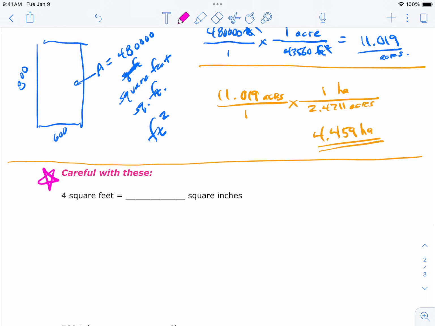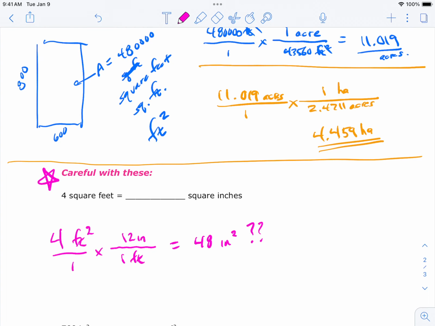We have 4 square feet, so maybe I'll write it this way: 4 square feet over 1. Now, you know that 1 foot is 12 inches, right? You know this. So 4 times 12 is 48, so it must be 48 square inches, question mark.